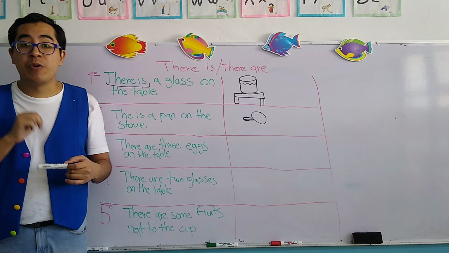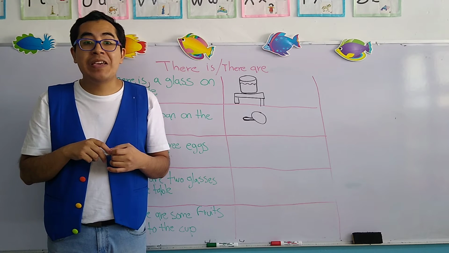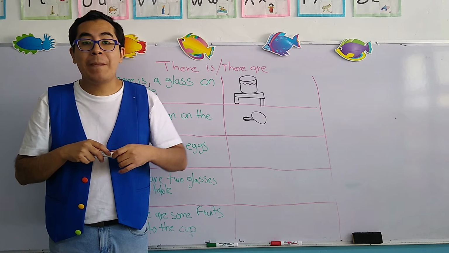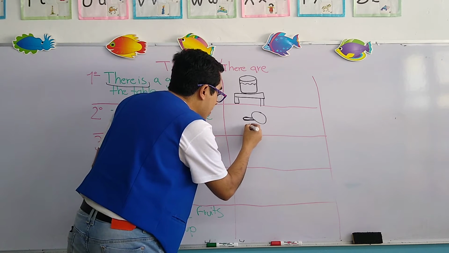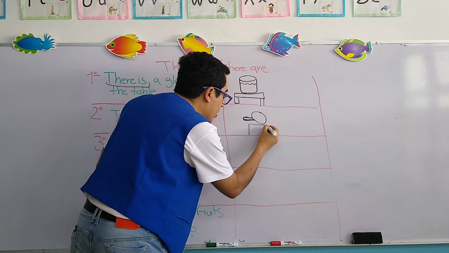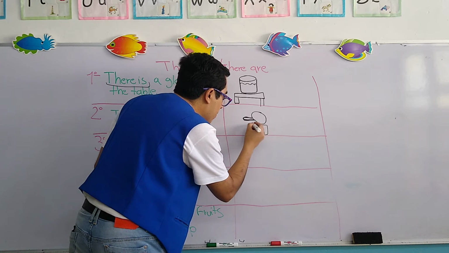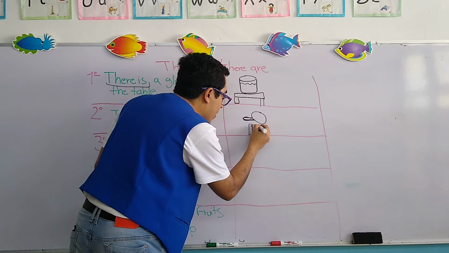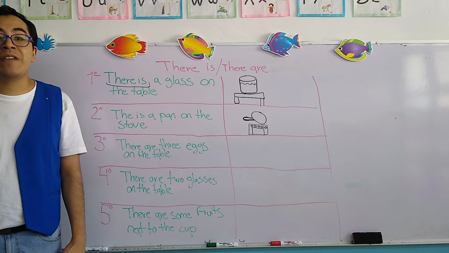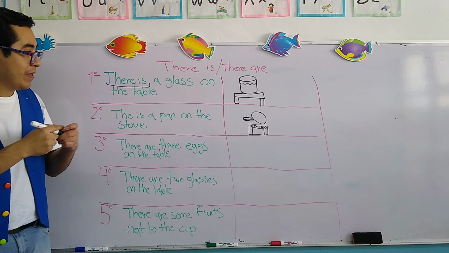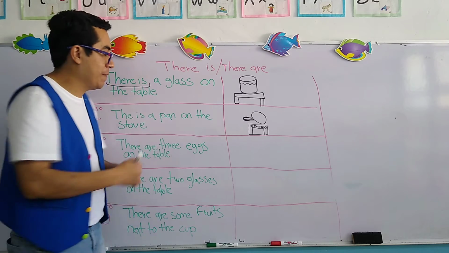The second new word here is stove. The stove, in Spanish, means estufa. If you have seen a stove, you can see that there are a lot of heaters, calentadores, in the form of circles. So the pan is on the stove. Very good.